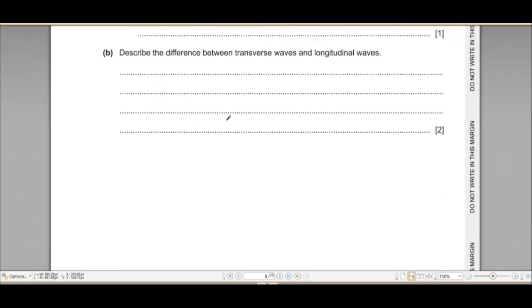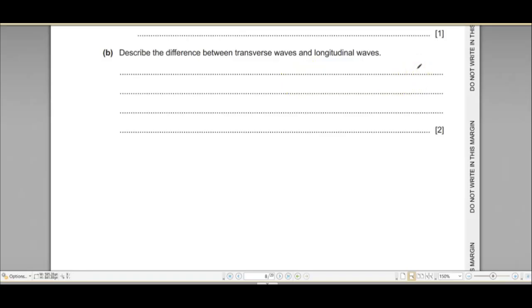Part B, describe one difference between transverse waves and longitudinal waves. So transverse waves are waves in which the particles vibrate perpendicular to the motion of the waves, and longitudinal waves are the waves in which the particles vibrate parallel to the propagation of the wave.